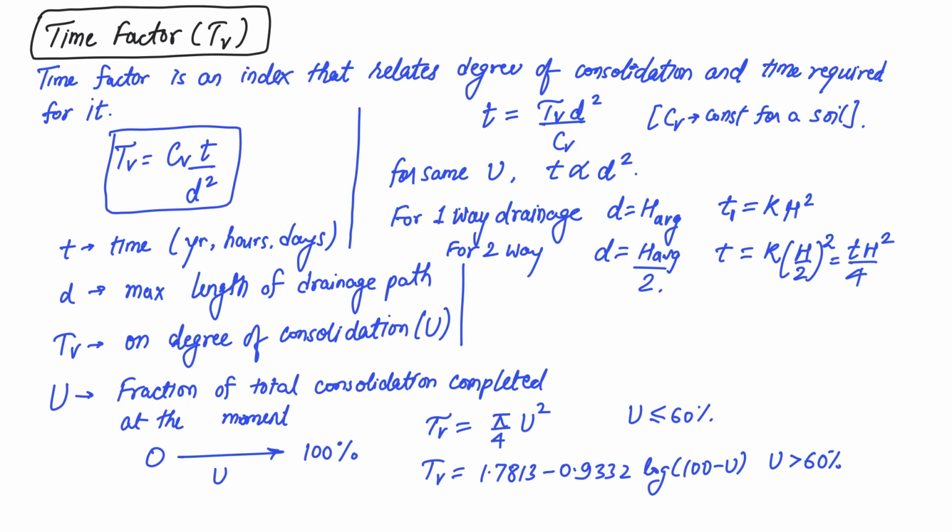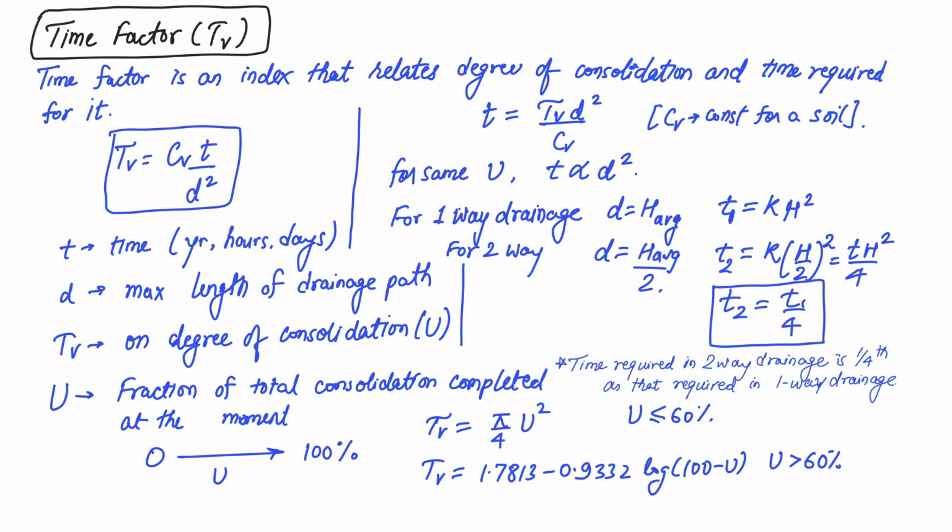So if I write the time required for the one-way drainage as T1 and for the two-way drainage as T2, I can say that T2 is equal to T1 by 4. That means the time required in the two-way drainage is one-fourth of the time required for the one-way drainage. So that is an important note that you should remember.